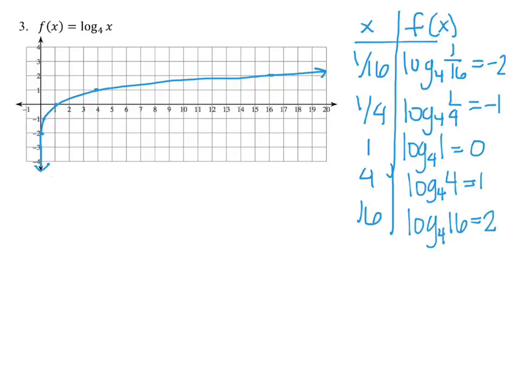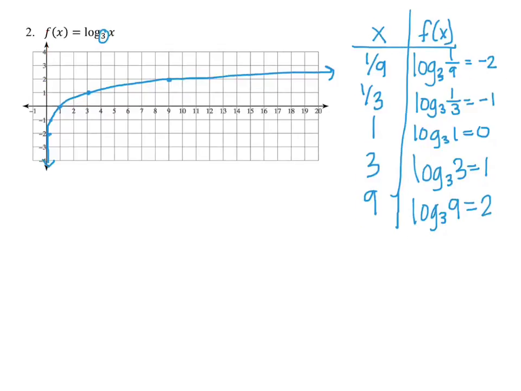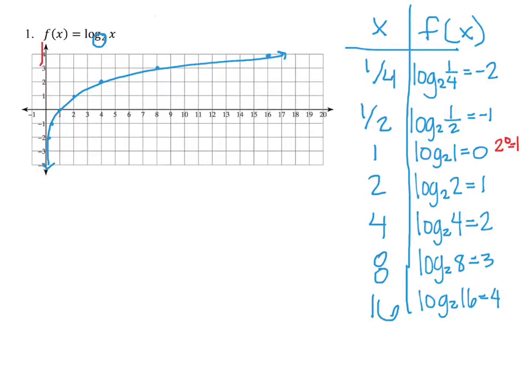If I look back at number 3 on the y-axis, you can see my graph is getting really close to the y-axis but never quite reaches. If I look back on number 2, I have the same kind of thing. Also on number 1, the y-axis is my boundary line for the graph.